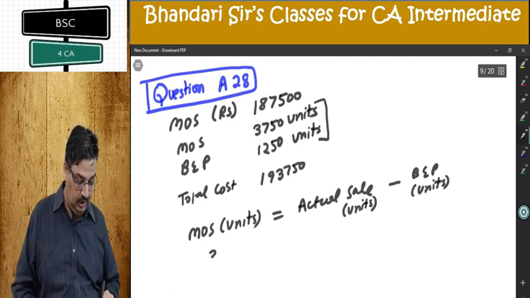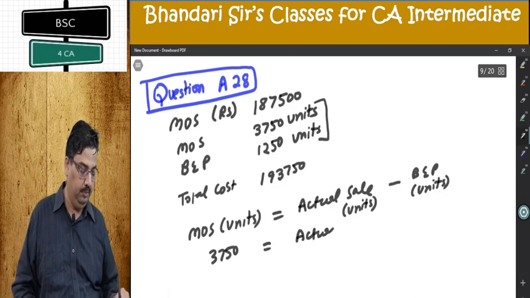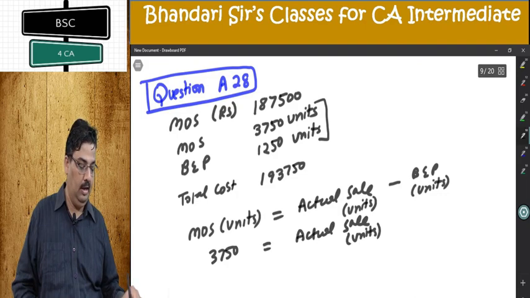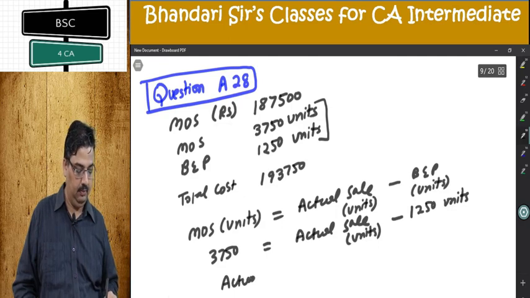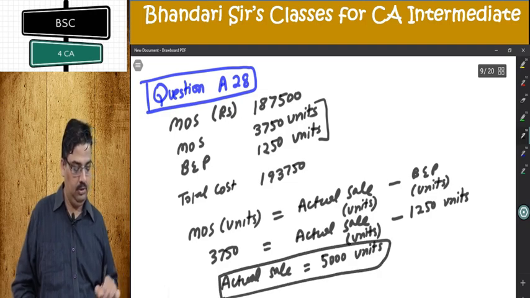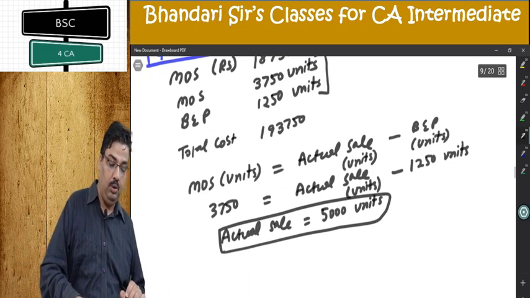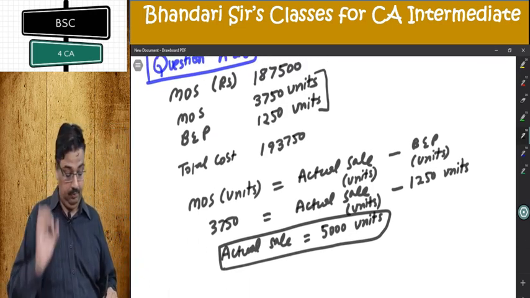Now this is given, 3750. This is what I want to compute. And this is given, 1250 units. From there I can get actual sale is 5,000 units.